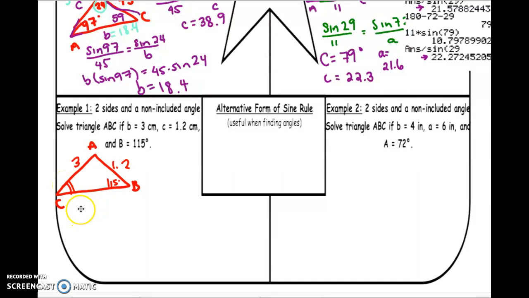So I'm going to write this out as sine C over 1.2 equals sine of 115 over 3. So when I cross multiply here, I'm going to get 3 times sine C equals 1.2 times sine of 115.